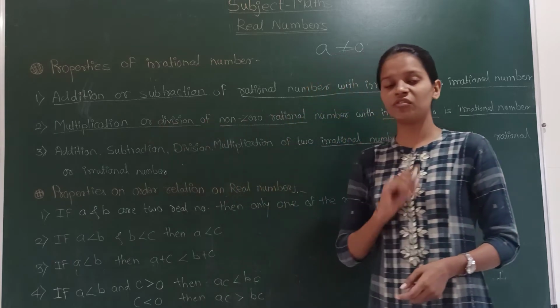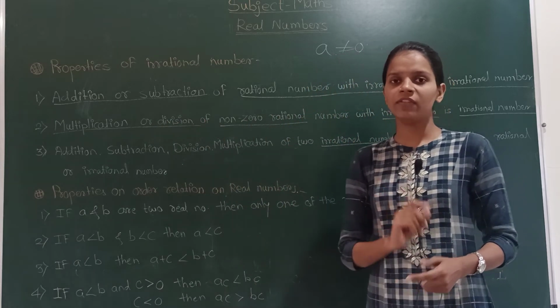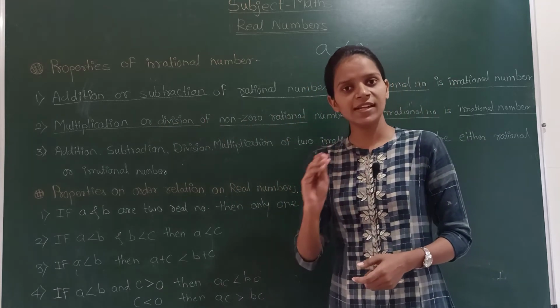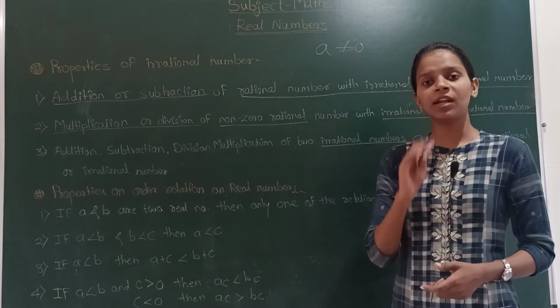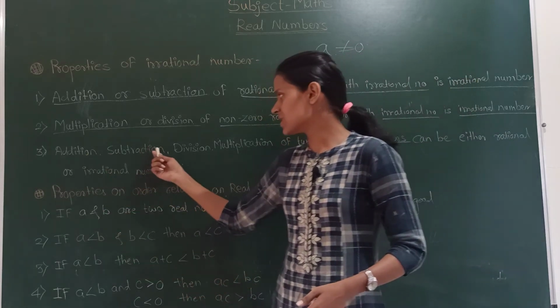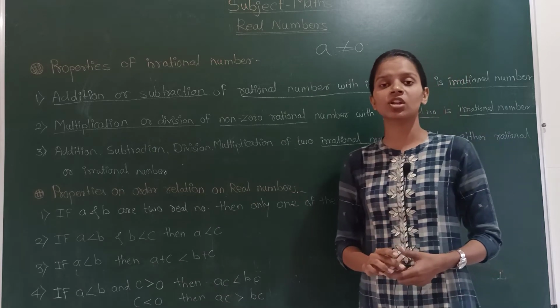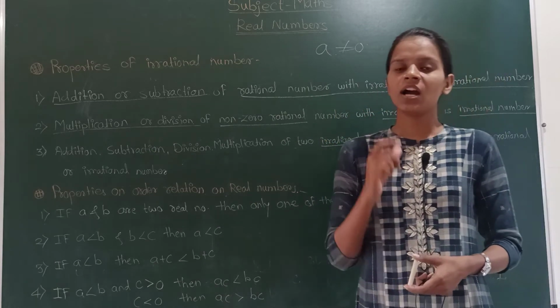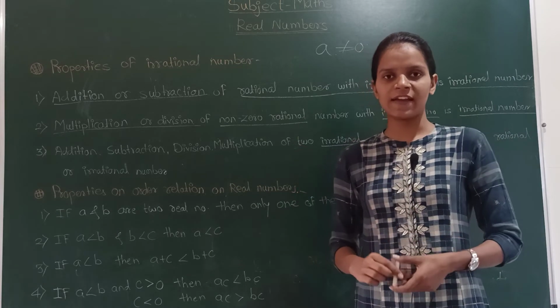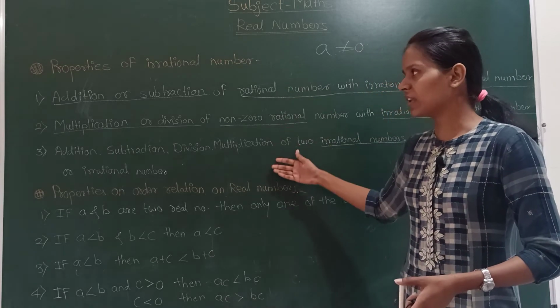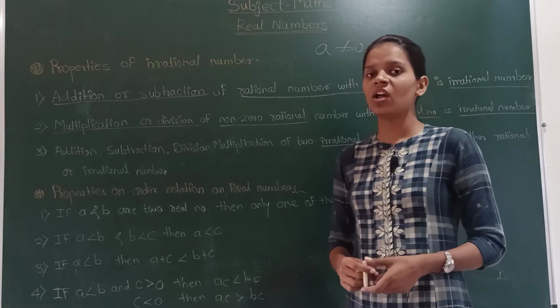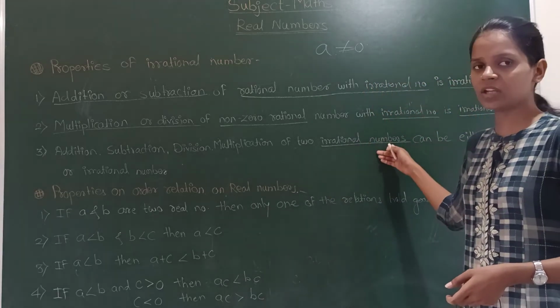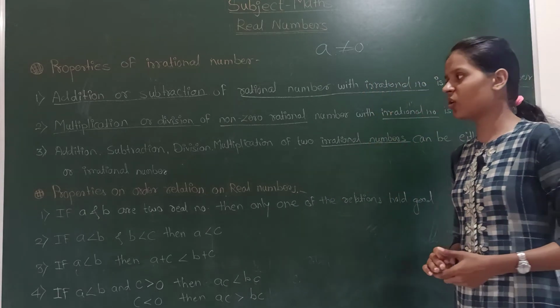Multiplication or division of non-zero rational number with irrational number is always an irrational number, and mathematical operations like addition, subtraction, division and multiplication of two irrational numbers will be either a rational number or irrational number. These three are the properties of irrational number. You have to take down all these properties in your notebook.